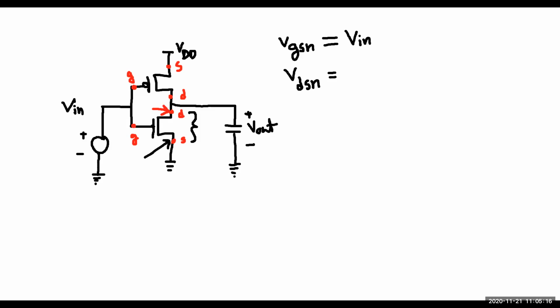This D point and this plus point are the same because they are connected, and this source point and this ground point are the same, because it is grounded. So this is Vout. So our VGSN is equal to Vin, VDSN is equal to Vout. This part is for NMOS.